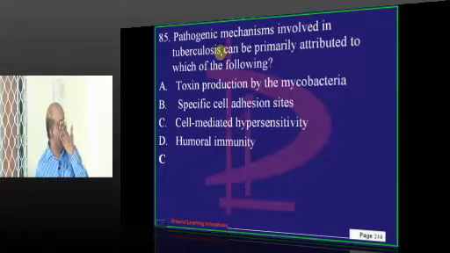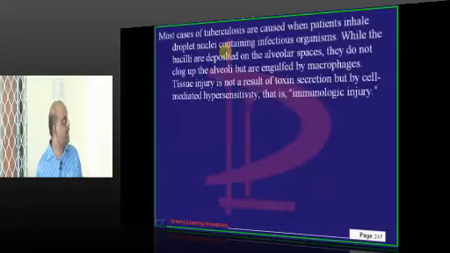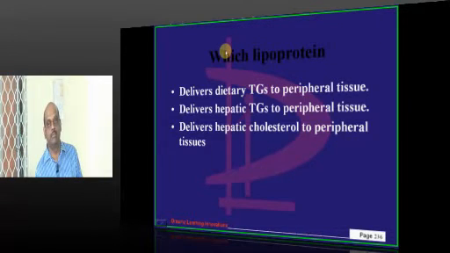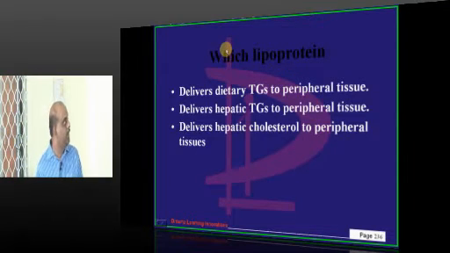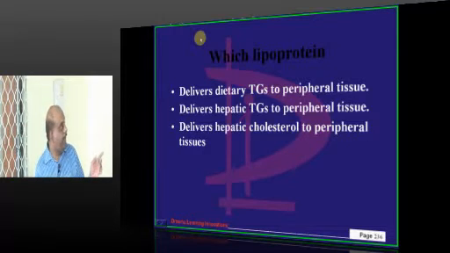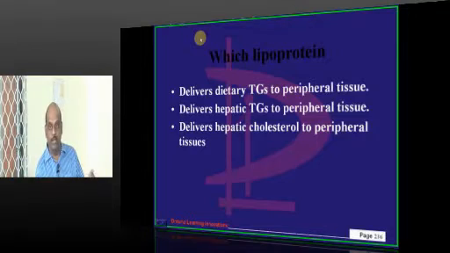Now, if you look at TB, it is cell mediated immunity which is the underlying pathogenic mechanism. Okay doc, you need to give me the answer. Which lipoprotein delivers dietary triglycerides to peripheral tissue?